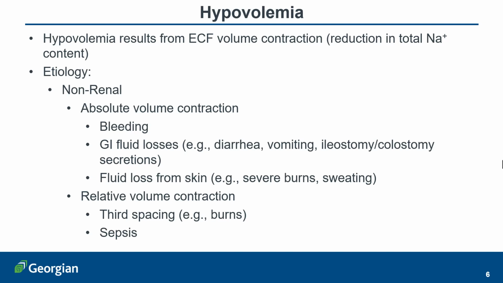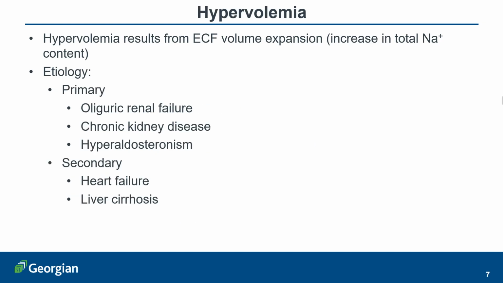And that's the third space, that's why it's called third spacing. In the case of severe sepsis as well, you can get third spacing because of all the various inflammatory mediators, we've covered this as well, that are released. They all increase capillary permeability, leading to increased fluid exudation, a reduced blood volume, in other words.